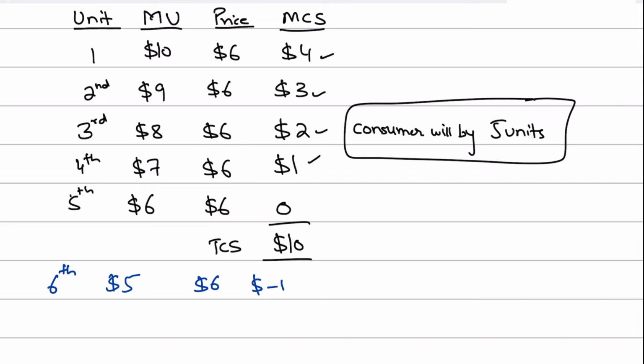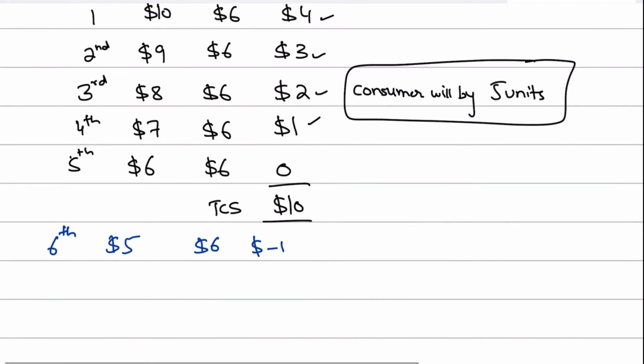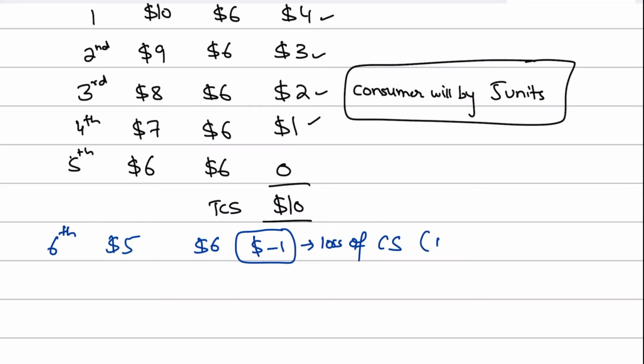So I could clearly say that this $1 is representing a loss of consumer surplus, or you could say a deadweight loss of consumer surplus, because this represents the point where the consumer surplus has gone down.